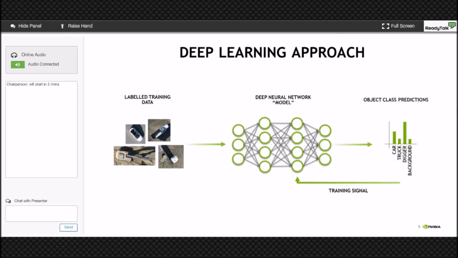Deep learning takes a different approach. It's a subset of machine learning, which is the process of training a model to perform some tasks, such as classification of what objects are present in images, by feeding that model many samples of labeled data for the task that you want to complete.